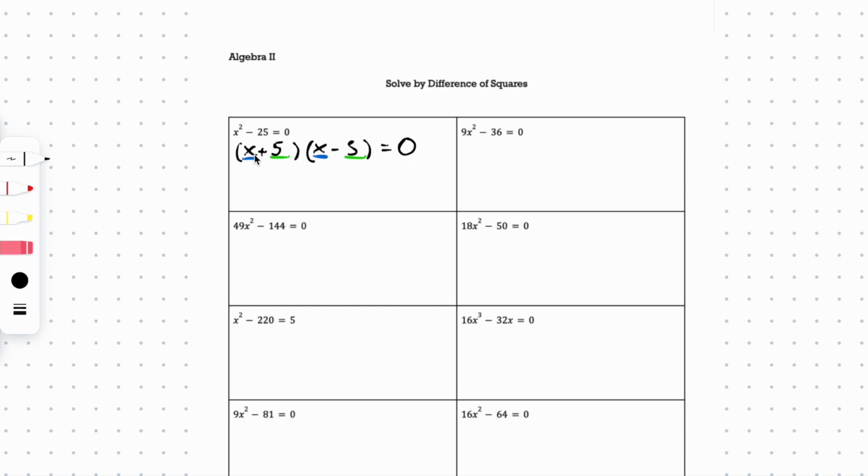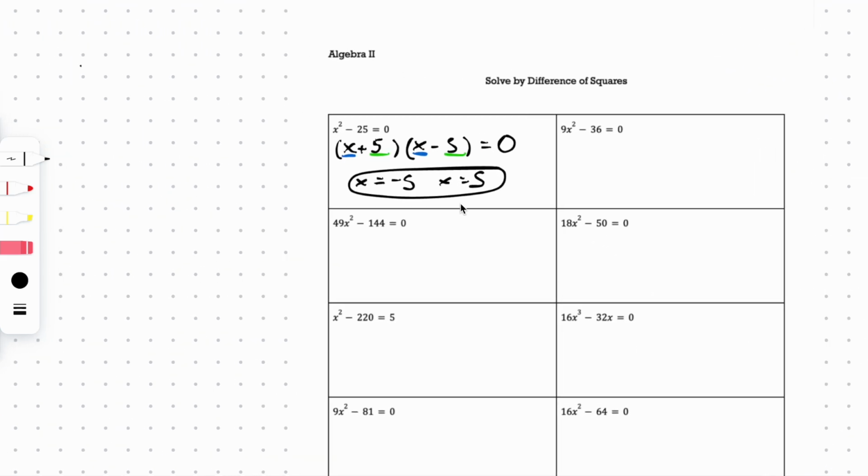From here, we can set x plus 5 equal to 0 and x minus 5 equal to 0. I'm not going to write all that out. We end up finding that x equals negative 5 and x equals 5, respectively. So that's how we solve that.